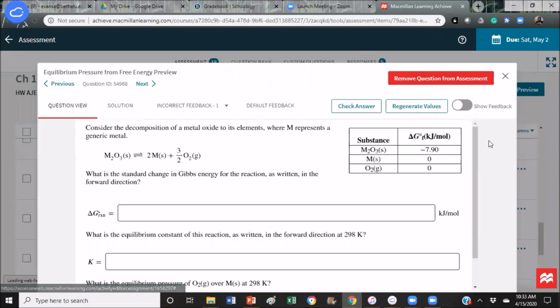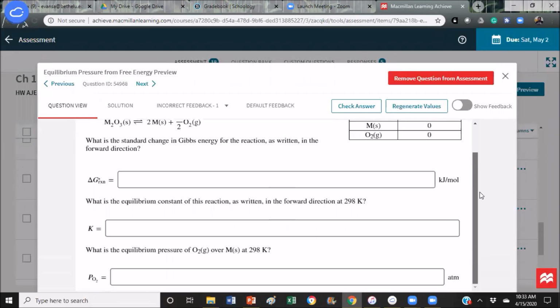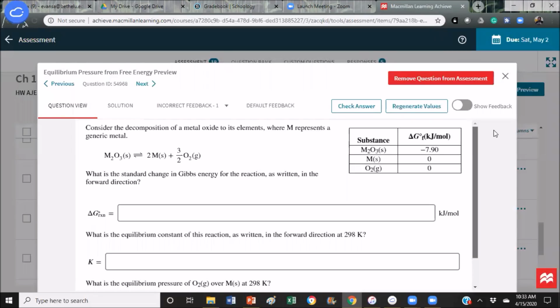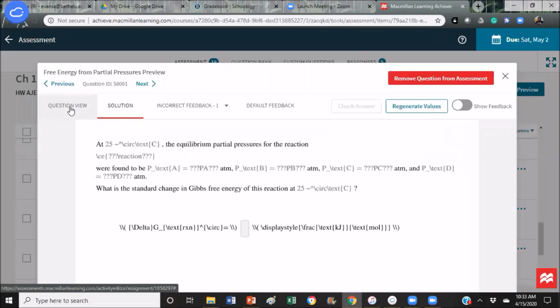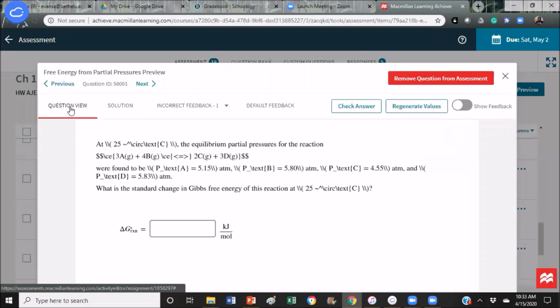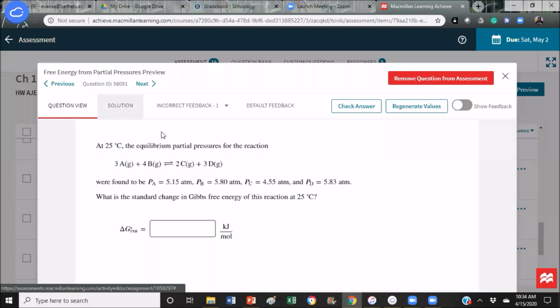Okay, not that one. That's close to being like that. Okay, here we go. So for this, what is it? Oh no. Okay, this one's close. I'll go ahead and do this one.